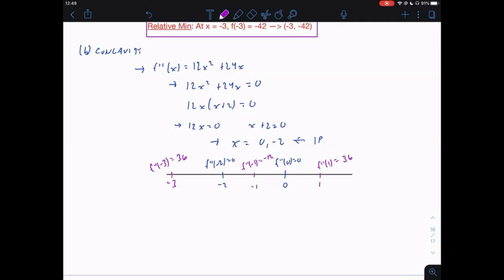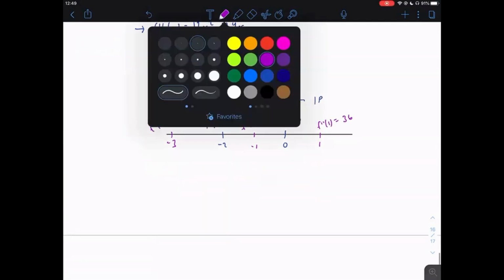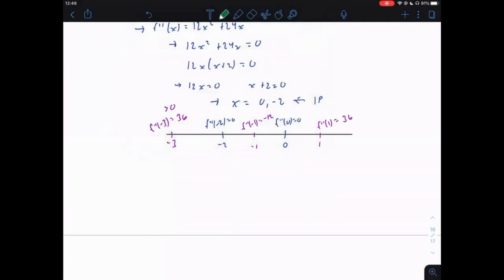Before this first inflection point at -2, the second derivative was positive, since it was greater than 0, which means our function was concave up before hitting -2 along the x-axis. Again, if the second derivative is positive, that means your function is curving upwards.